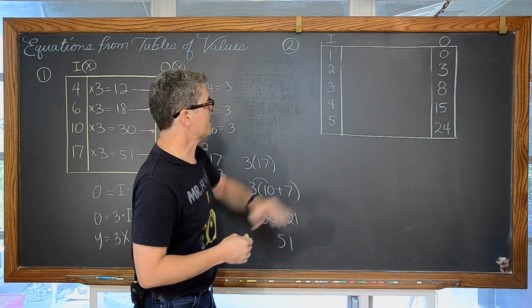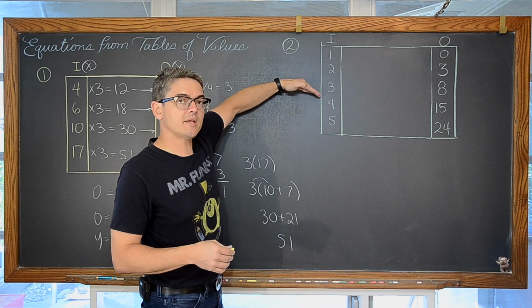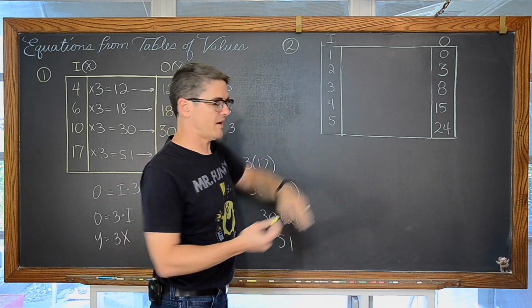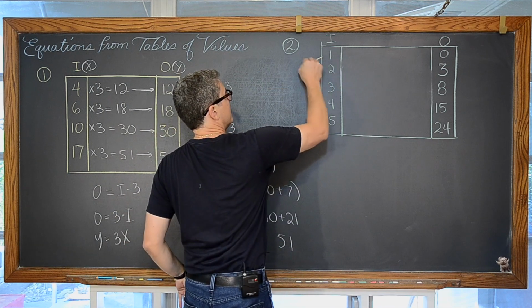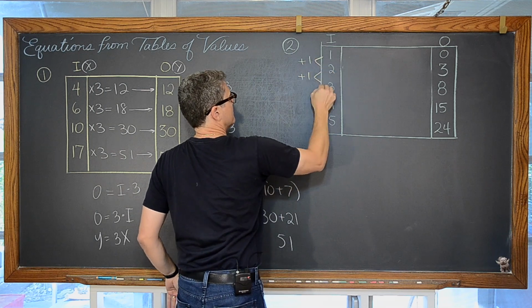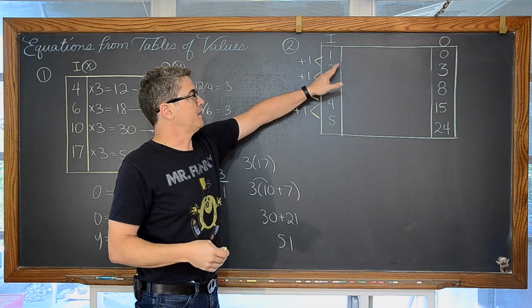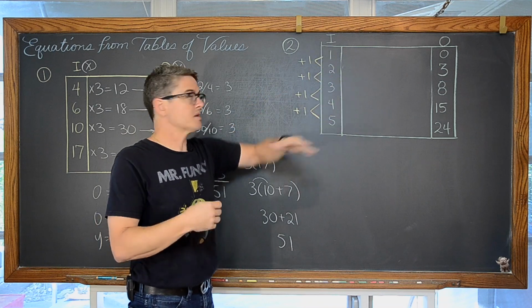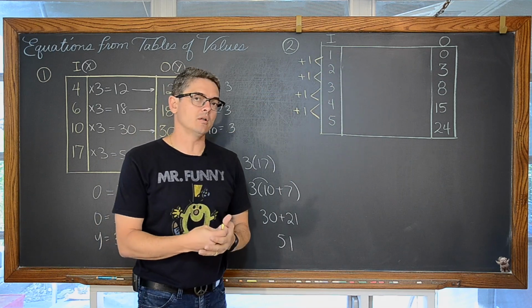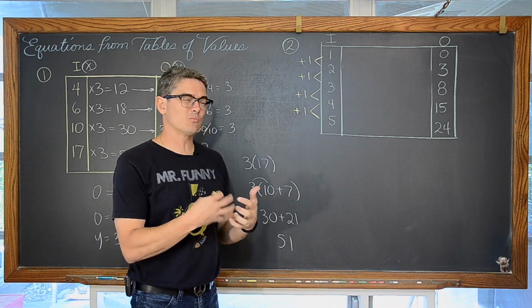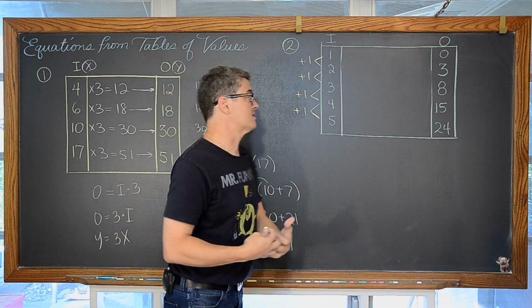Now here's how you can check that. We got it pretty nice over here in the fact that our input values are all going up by a value of 1. They're not jumping all over the place. If this was like 1 and 5 and 6 and then 10, and the values along the input column are jumping around a lot, then that really increases the difficulty of these problems.